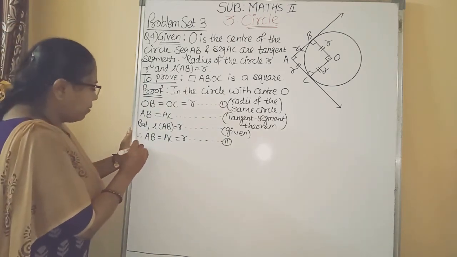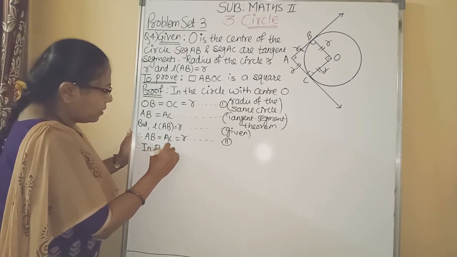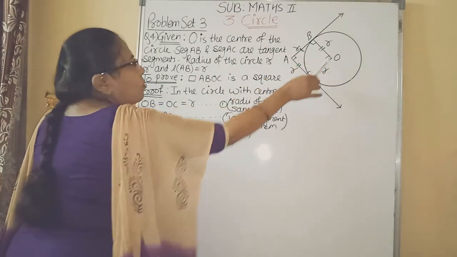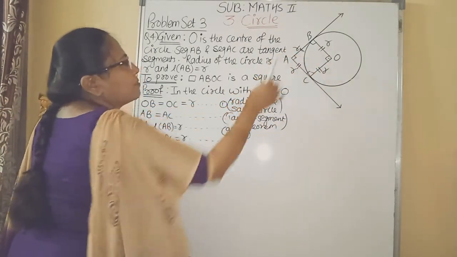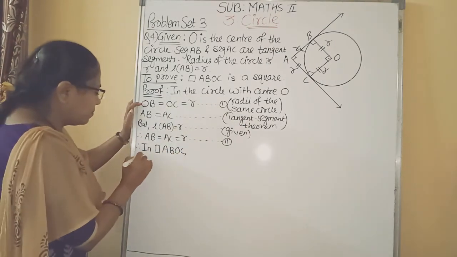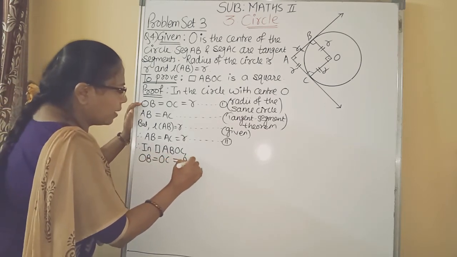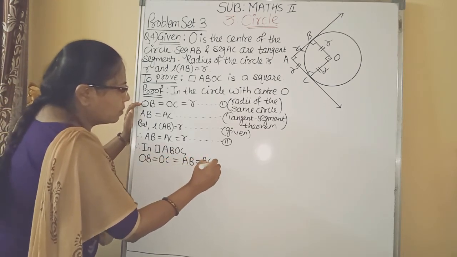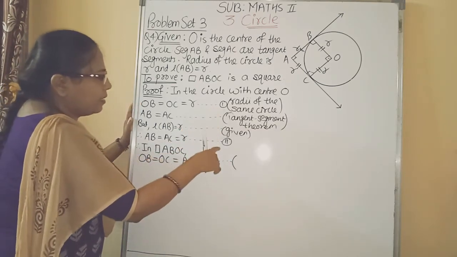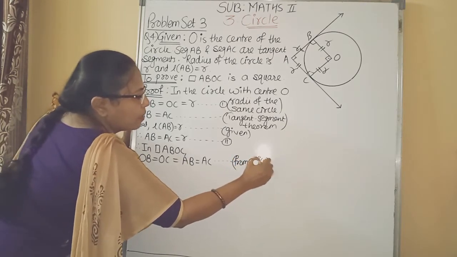So, therefore, in quadrilateral ABOC, all 4 sides we got equal in length. OB equal to OC equal to AB equal to AC. Reason, we can write from 1 and 2.